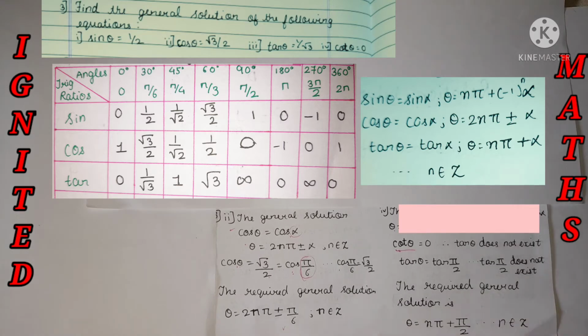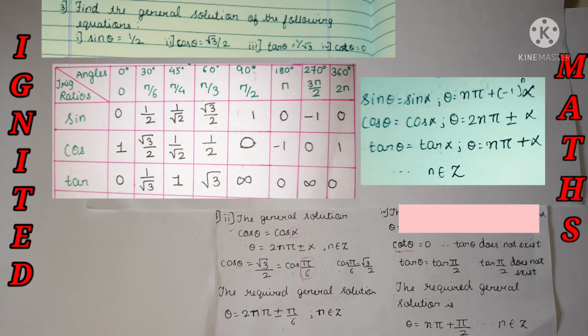Fourth sub question. I'll display the question over here: cot theta is equal to 0. For finding the general solution, if it is in the form of cosec, sec, cot, make sure that we convert it into the form of sine, cos, tan. We know the reciprocal of each and every trigonometric function. So the reciprocal of cot theta is 1 by tan theta.